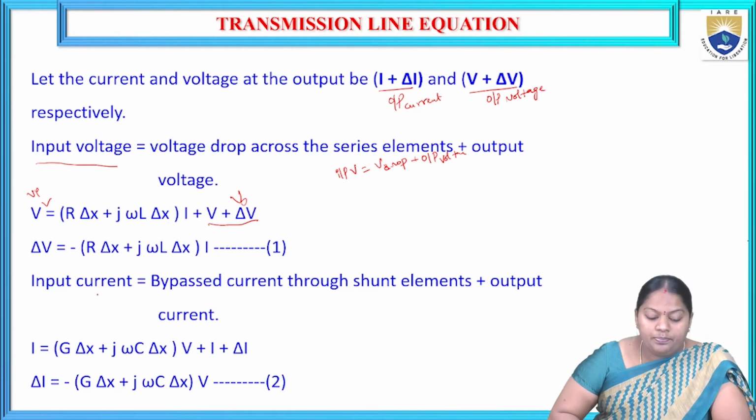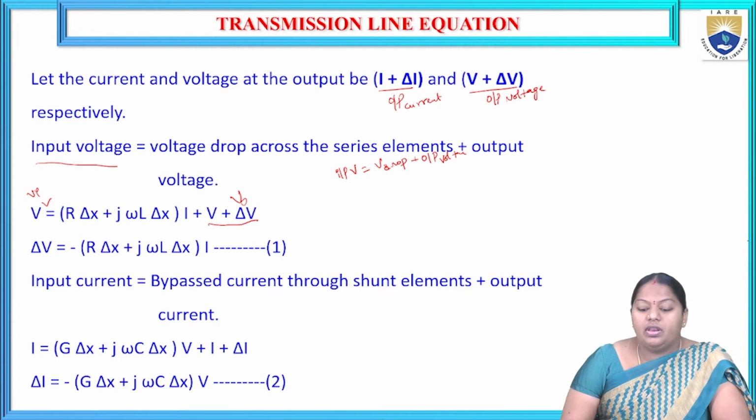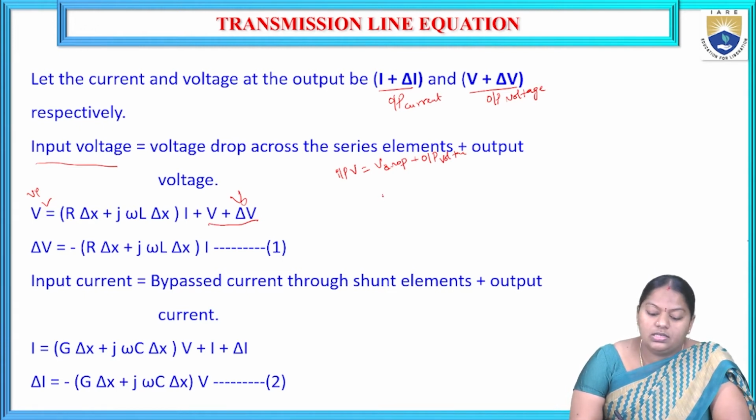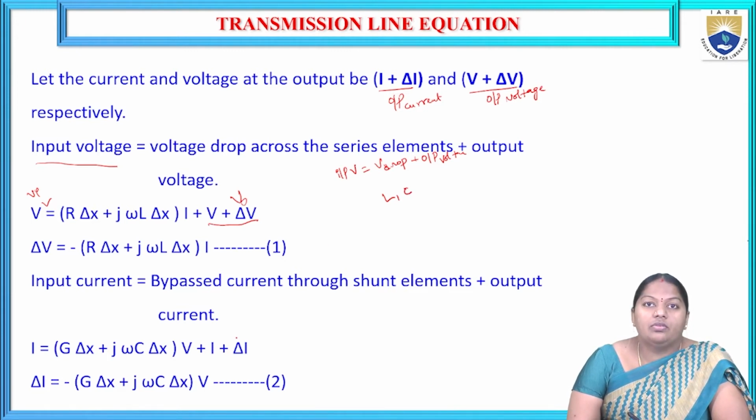Why? Because there are two reactive elements in the circuit, the inductance L and the capacitance C, so we need to consider them along with the reactive elements.